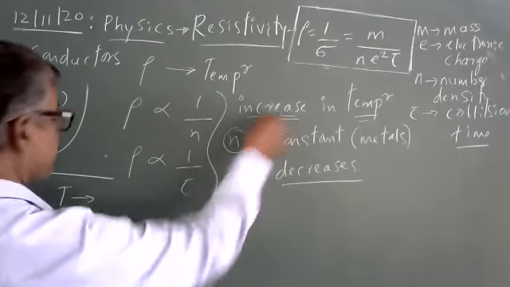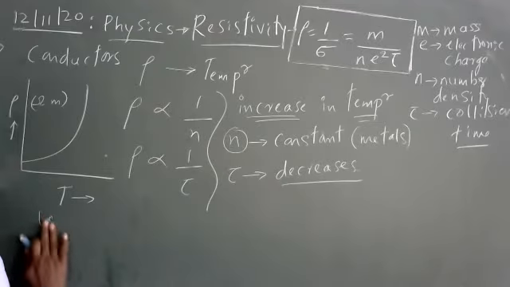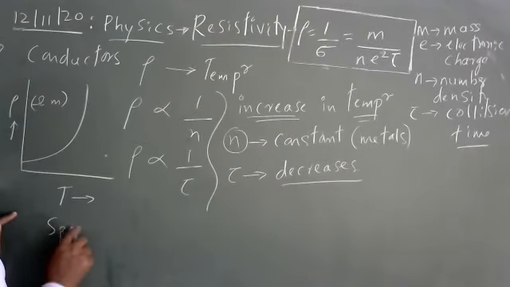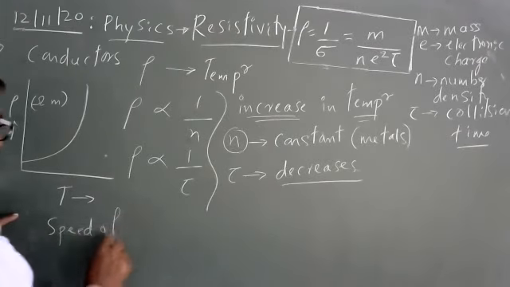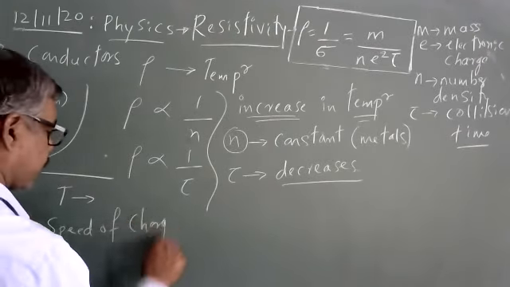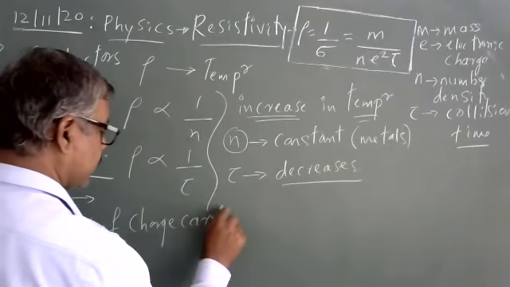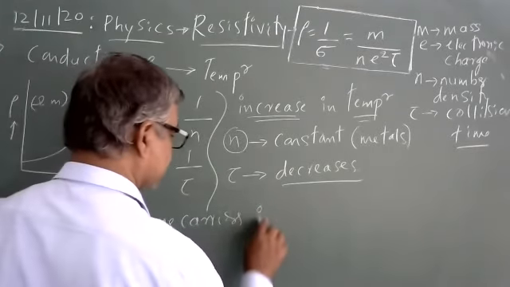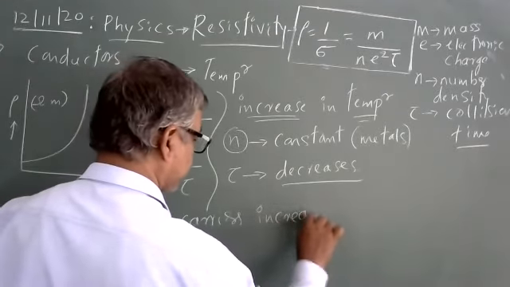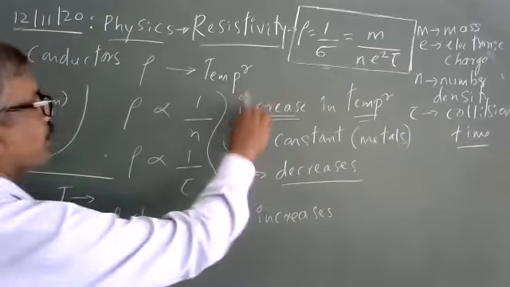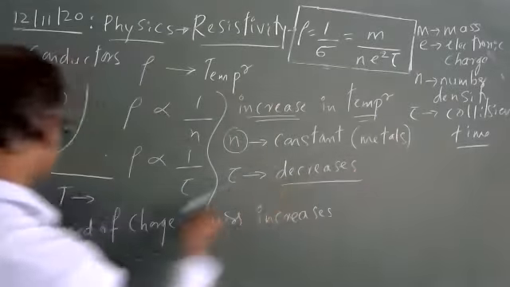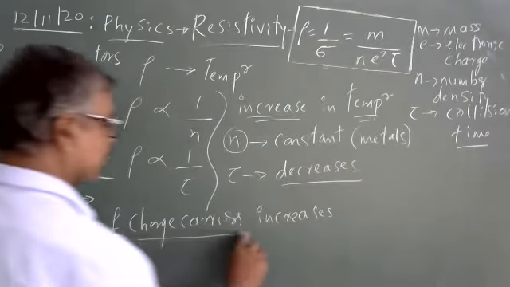When temperature increases, the speed of charge carriers, that is electrons, increases. I repeat, with increase in temperature in case of metals, the speed of the charge carriers increases.